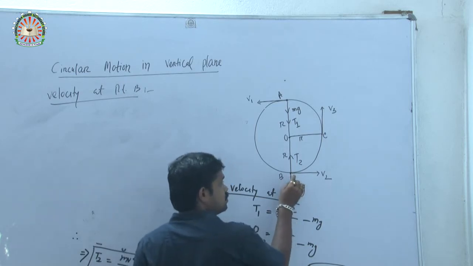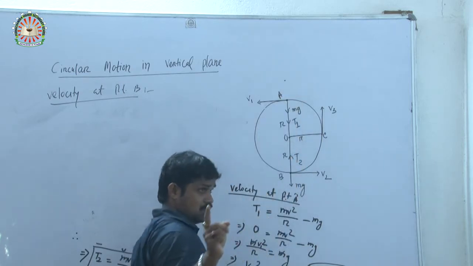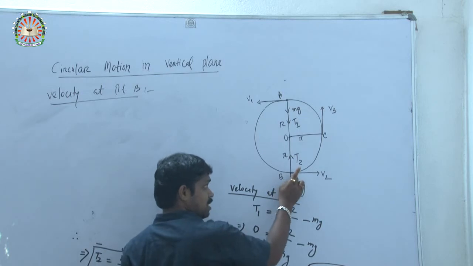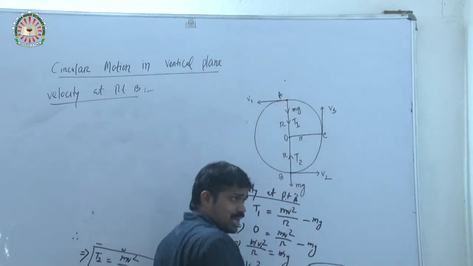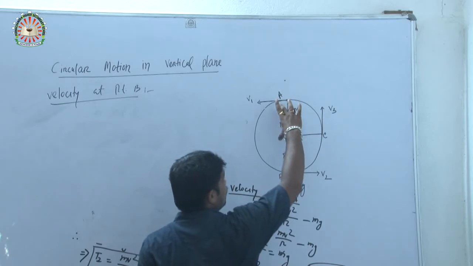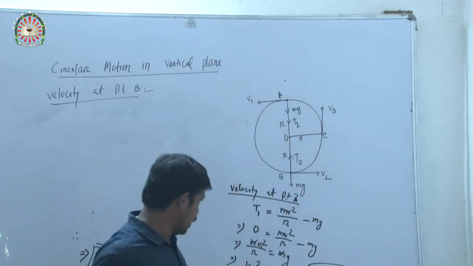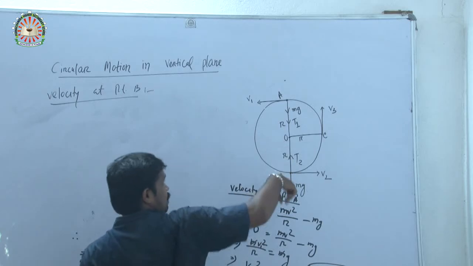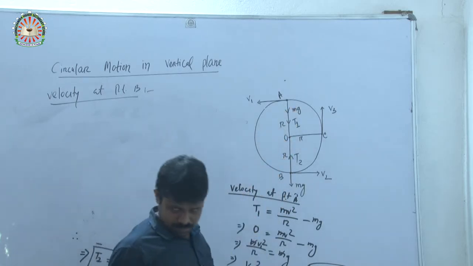When the object is traveling from the bottom position to the topmost position, listen very carefully, what vertical path will it cover? The vertical path is AOB. The value of the vertical path is R plus R, that is 2R.